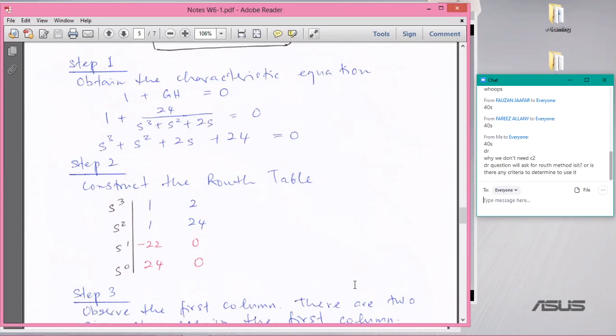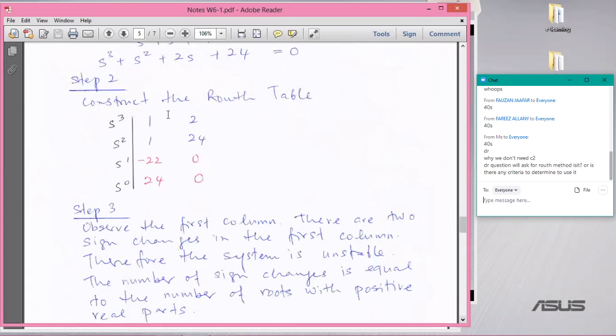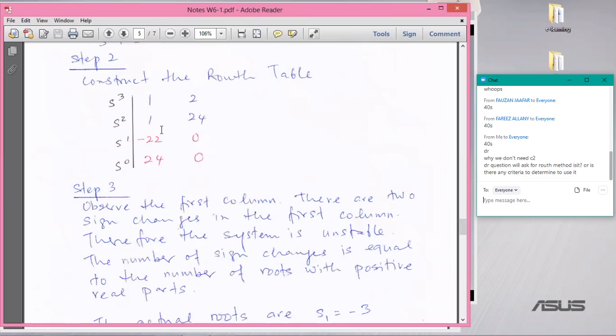And then to see whether the system is stable or not, you look in the first column. You start with 1, 1, negative 22, negative 24, 1, positive 1, negative 22, positive 24. See, you have a sign change there.